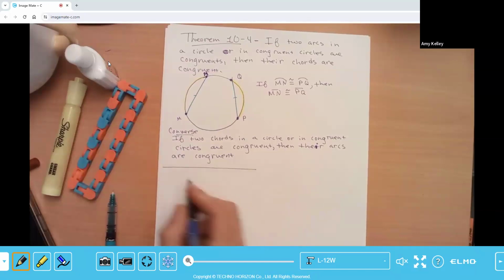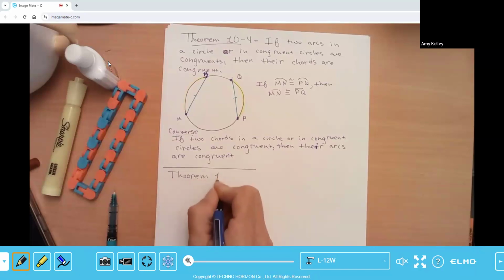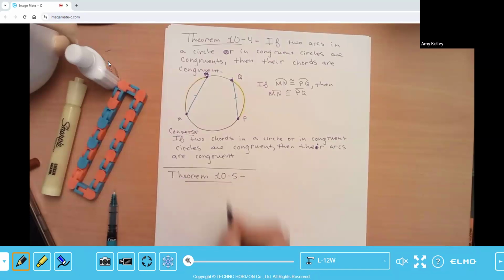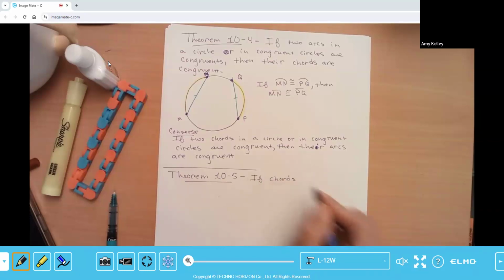Moving through the list, theorem 10.5. This one says that if you have chords that are equidistant from the center of a circle or from the centers of congruent circles, then those chords are congruent.